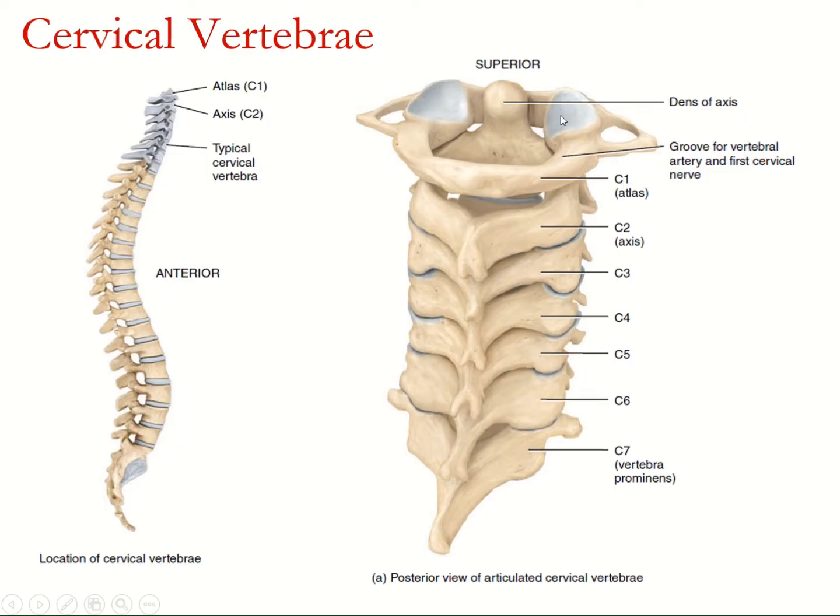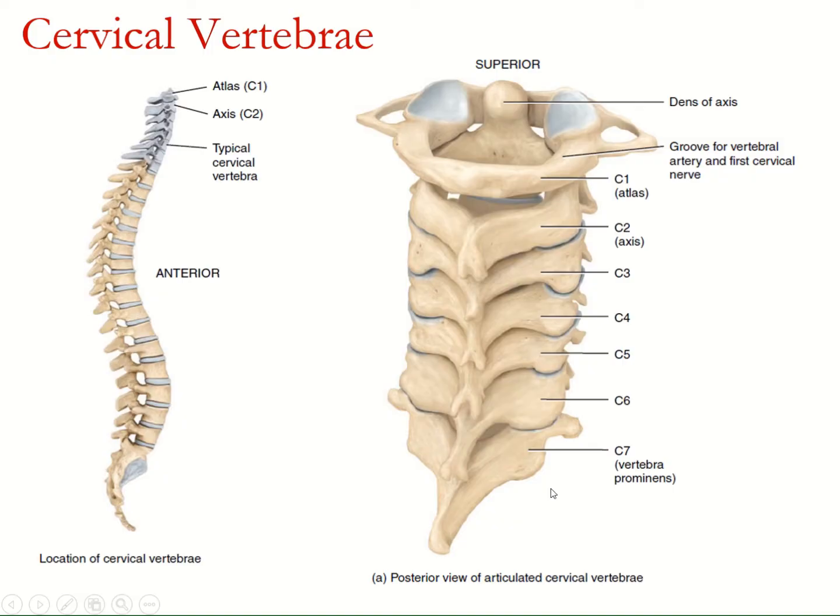So that's the reason why, just imagine your atlas moving from left to right. That makes up the ability of our head to rotate, looking from the left to the right. Okay, and then this one is your C3, C4, C5, C6, and your C7 is also atypical.